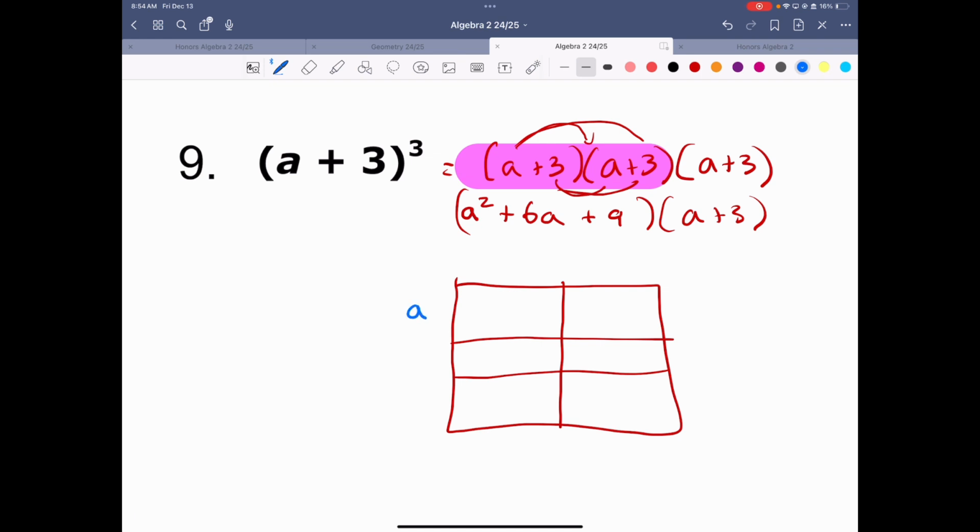So I've got 3 going along the rows, so a squared, 6a, and 9, and a and 3. a times a squared is a cubed. 6a times a is 6a squared. 9 times a is 9a. Second column, 3 times a squared is 3a squared. 3 times 6a is 18a. 3 times 9 is 27.